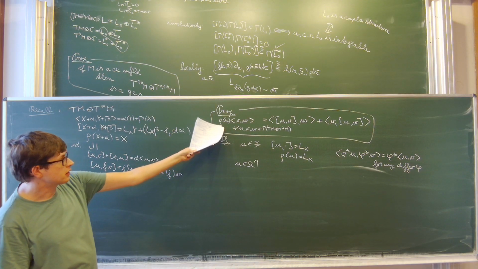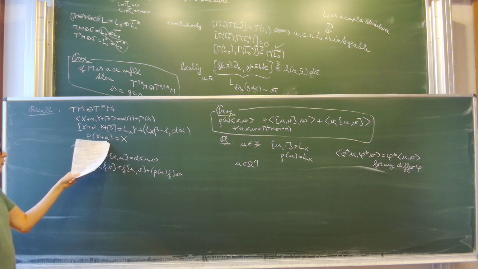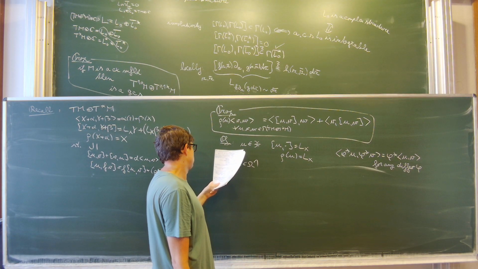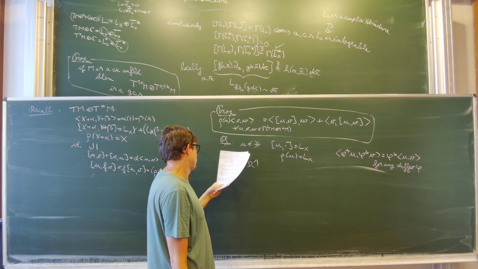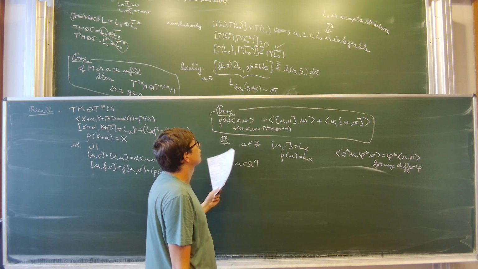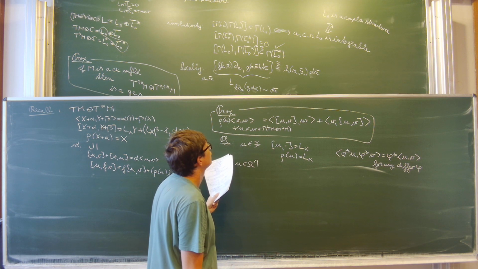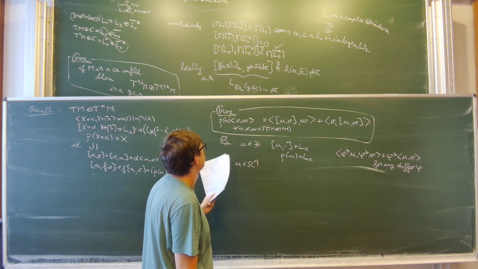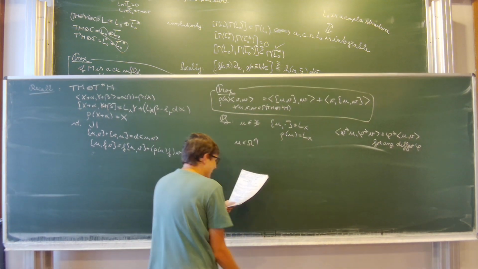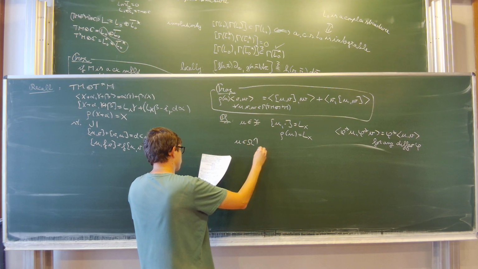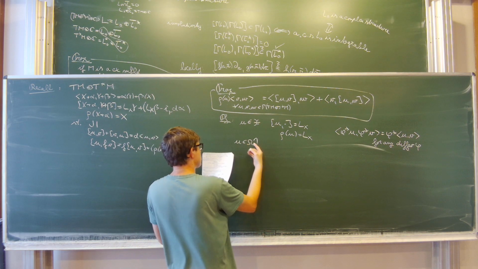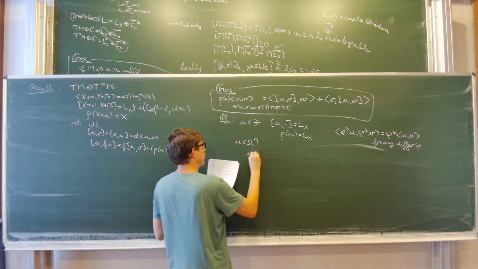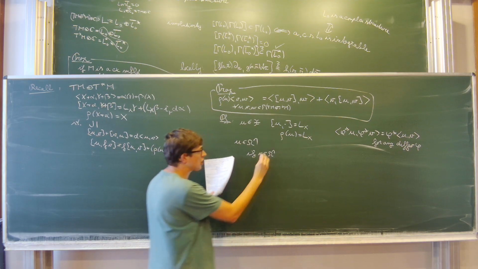In that case, the left-hand side is 0, because this rho map is simply forgetting the one forms. Is there some clever grading argument that I could use here? Maybe you can think about that, but let me just prove it directly. U is a one form. Now if V is a one form, this is essentially the grading argument.